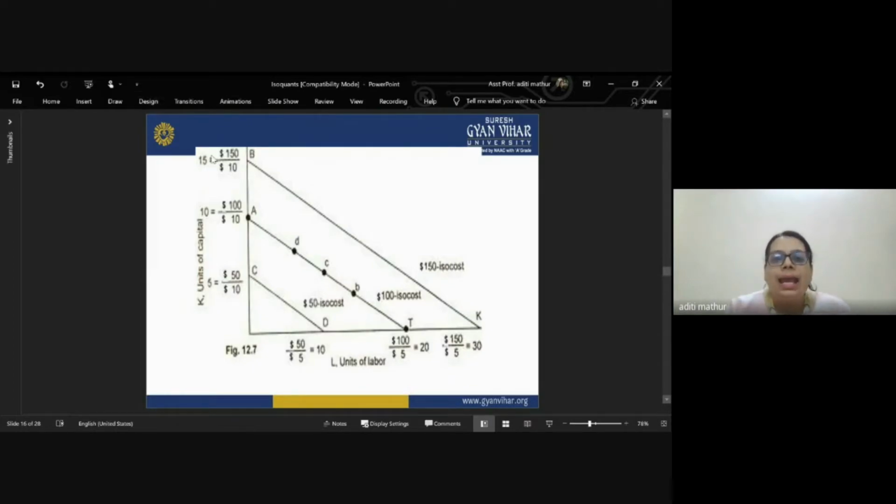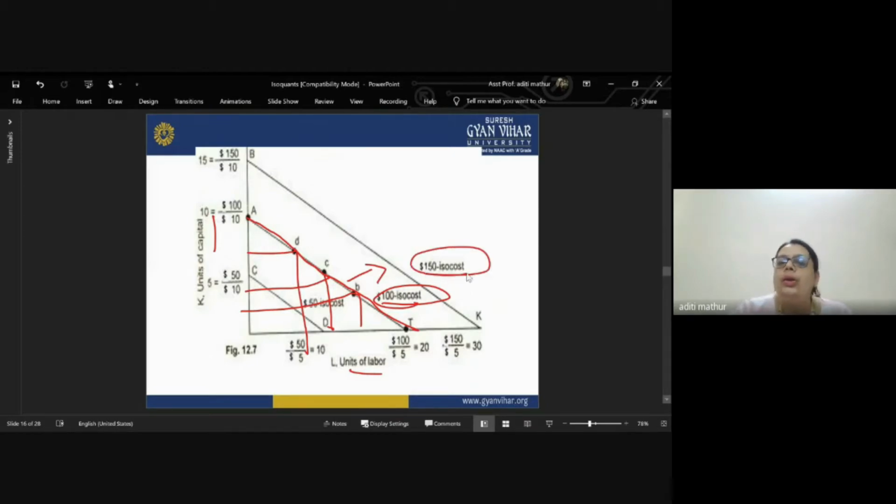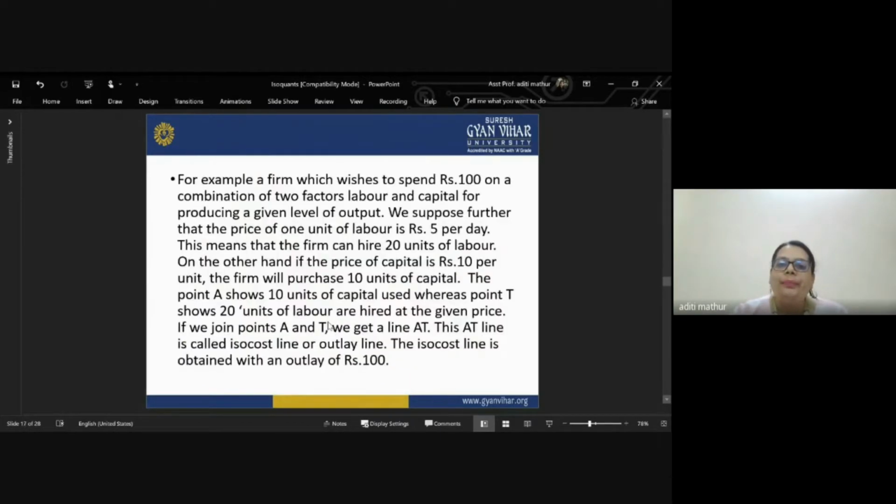That means if I am at this point, all the possible combinations of the individual cost incurred over here for my capital and labor will all be equal to 100. Higher the isocost line, higher the total cost. The nearer the isocost line to the origin, the lower the total cost.